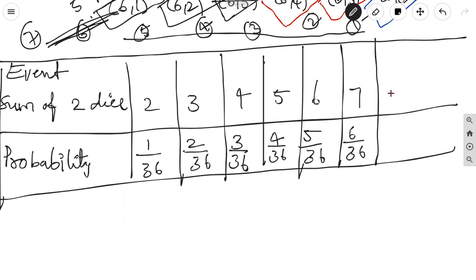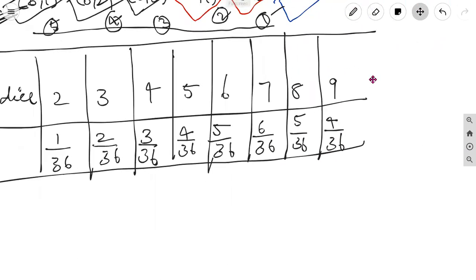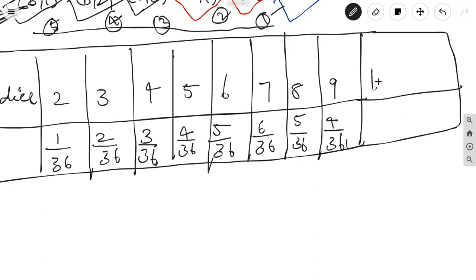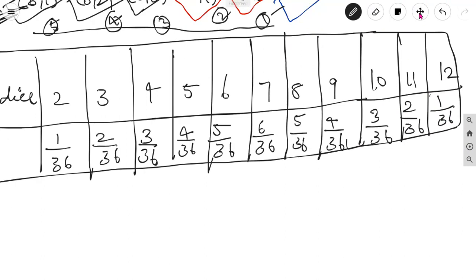Again decreasing: 8, 5 by 36. 9, 4 by 36. 10, 3 by 36. 11, 2 by 36. 12, 1 by 36.